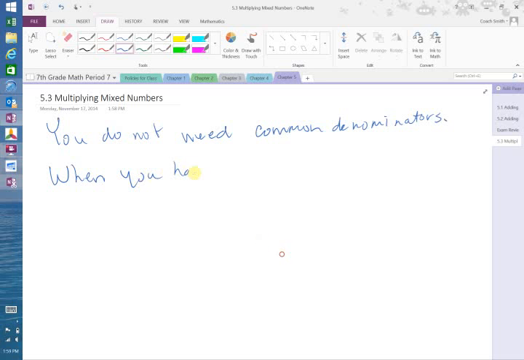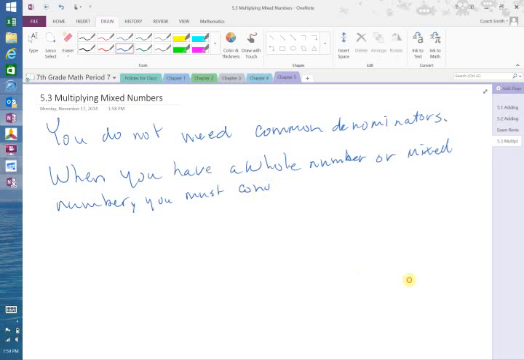when you have a whole number or mixed number, you must convert them to improper fractions before multiplying.